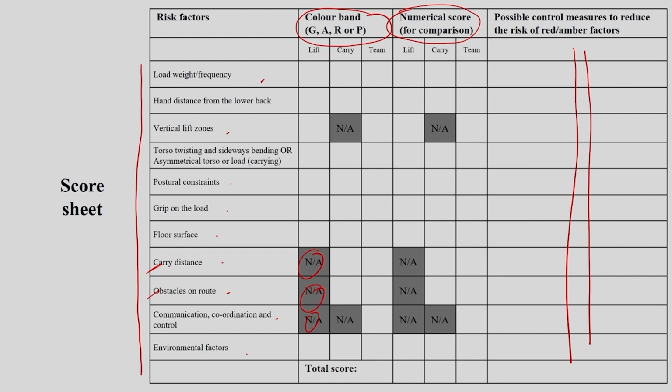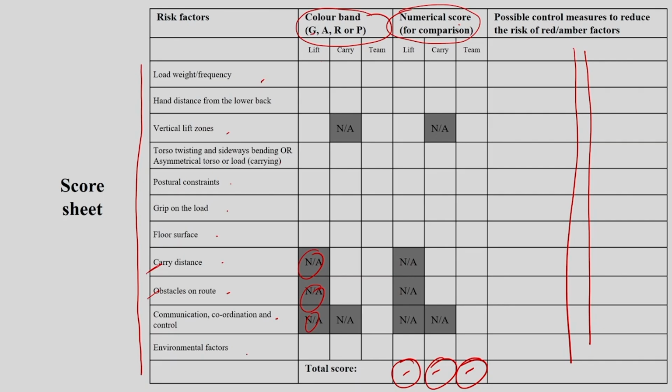Once we get all these things, every color has some numerical number. We will get those numbers in further charts, and once we get those numbers, we can add them over here. This is the total score, and this total score is going to help you in further analysis.